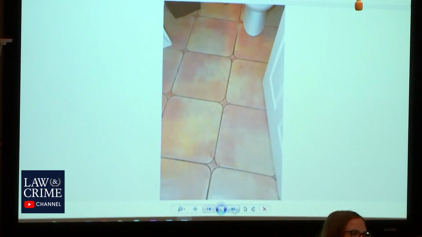Can you explain to the jury why it is you keep saying suspected blood rather than actual blood, considering everything that we're looking at? There are times where something might look like it's blood and it turns out to not be. So you always want to say suspected blood because I don't have a test kit there to determine. In this case, there was also such a large amount, and what I was showing in that picture was it was very watered down, where it appeared to have been cleaned up.